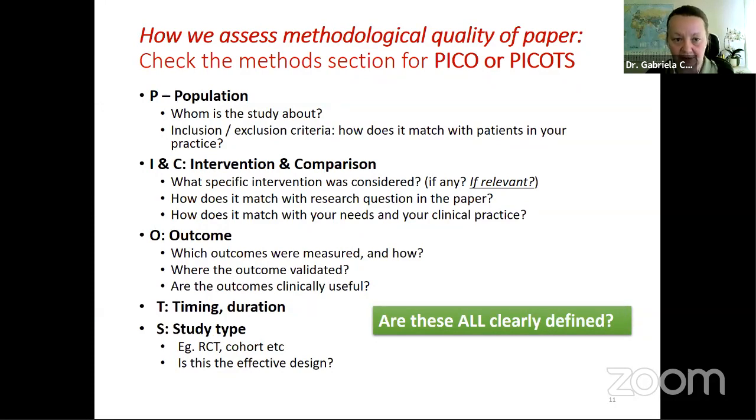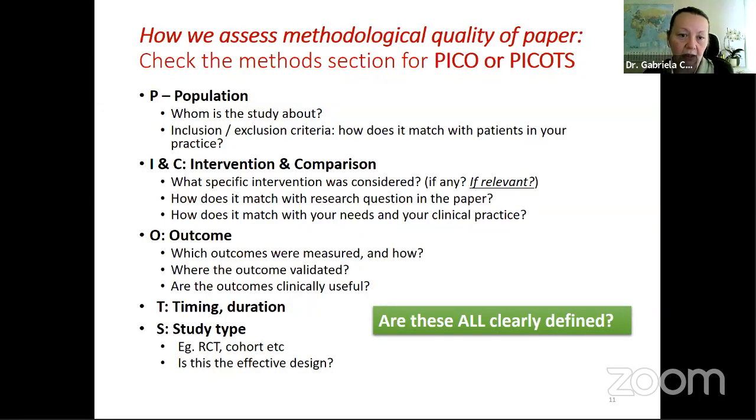Is it clearly defined, with inclusion and exclusion criteria? Then I and C stand for intervention and comparison. It is typically for studies where an intervention is studied. This can typically be in randomized controlled trials, but of course it can also be in observational studies or in electronic health records, but they would have lower evidence, as we saw in the previous slide.